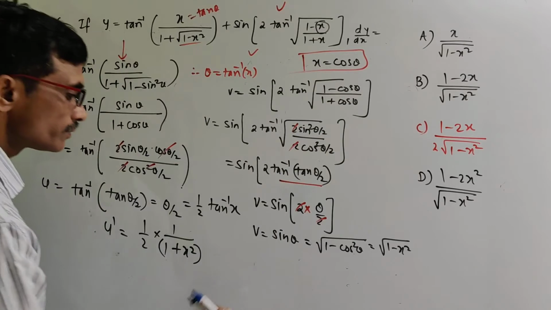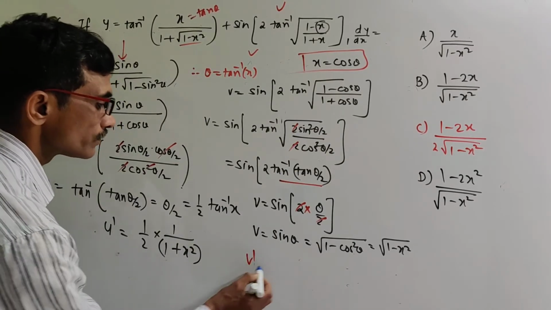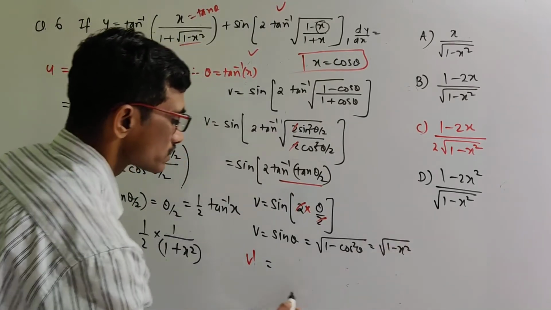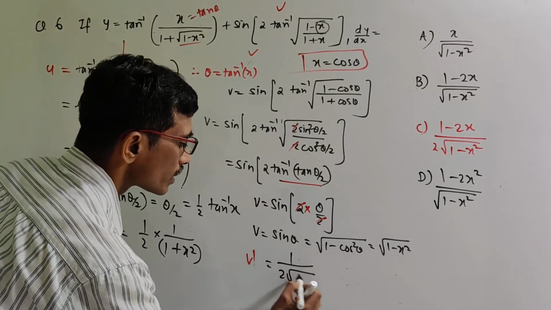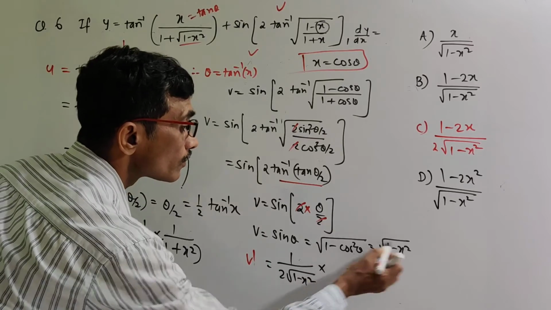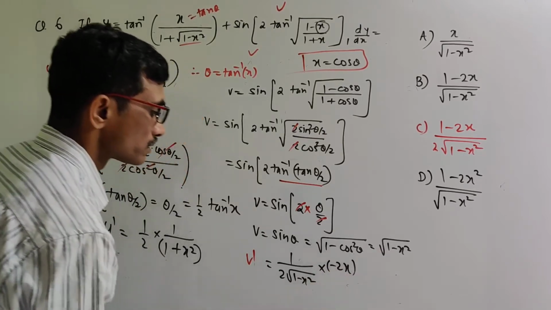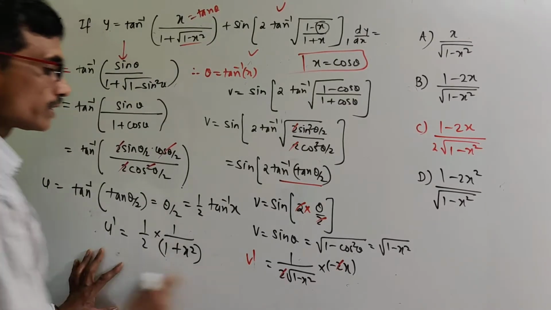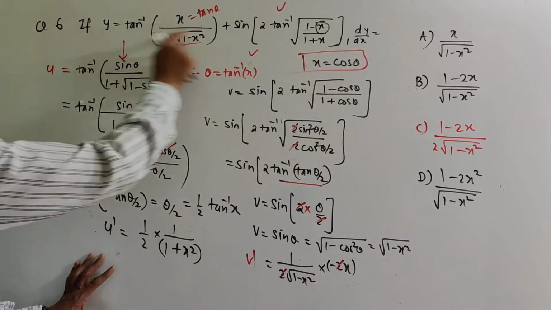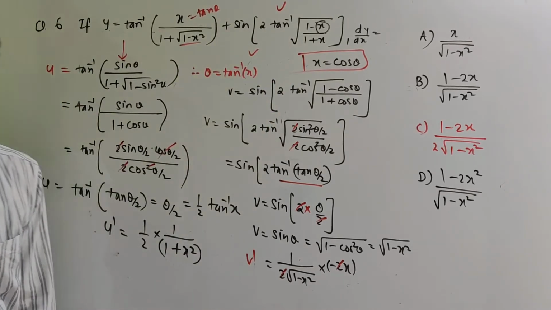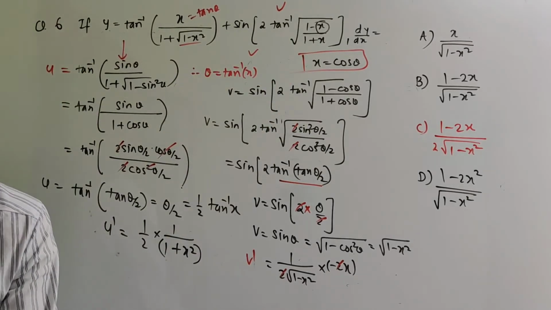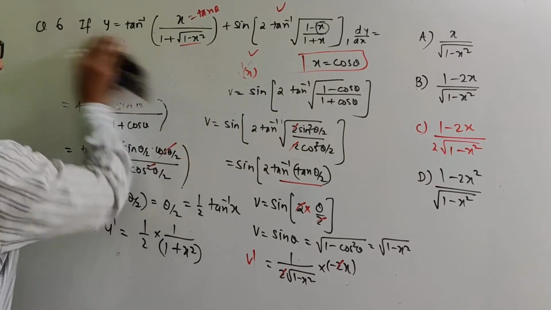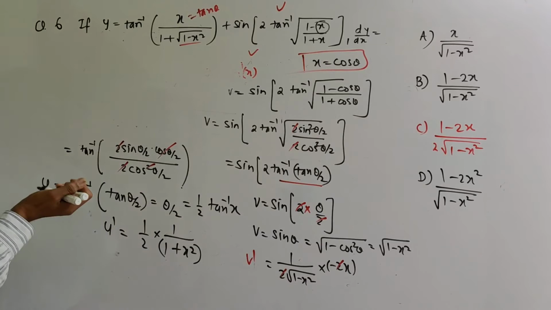So v dash will be equal to 1 upon 2 root of 1 minus x square into the derivative of 1 minus x square, minus 2x. This 2 is getting cancelled. And since y is equal to u plus v, our derivative will be du by dx plus dv by dx.